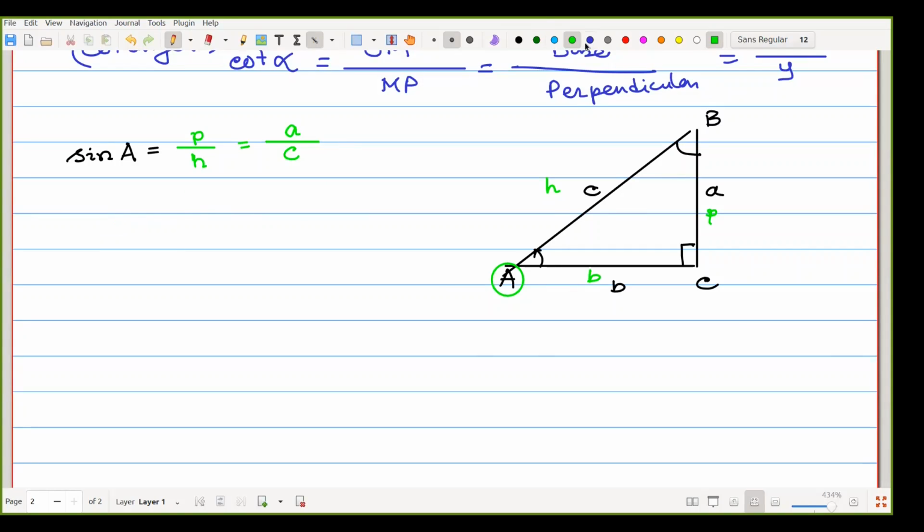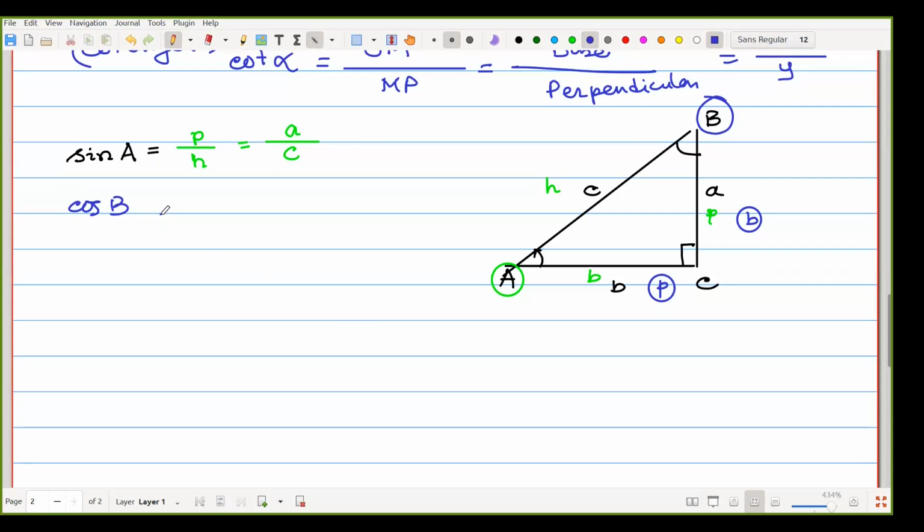Now look at another thing. If we have cos B, that means the angle of reference B is here. So according to angle B, that must be our perpendicular, then that should be our base and that should be our hypotenuse.